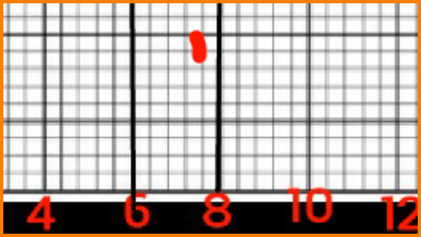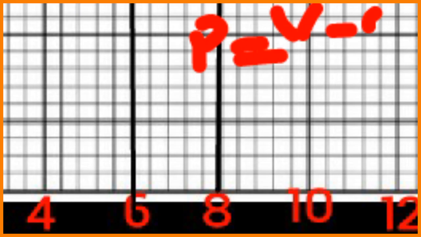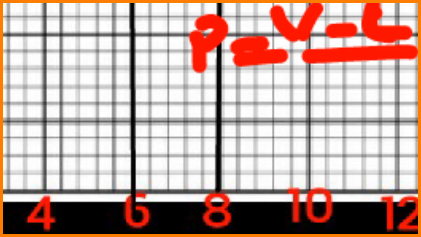It's going to be very big here. So p is the value minus the last line, over b. The value is 6.7, minus the last line.